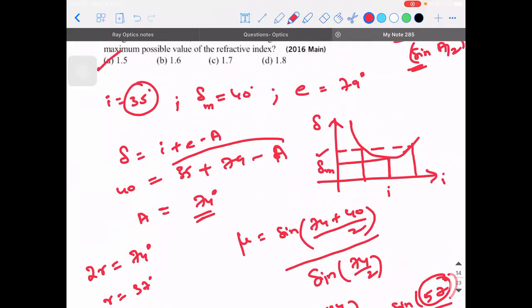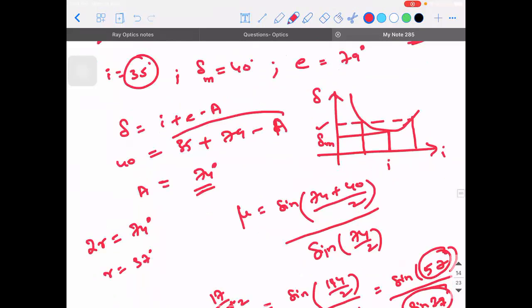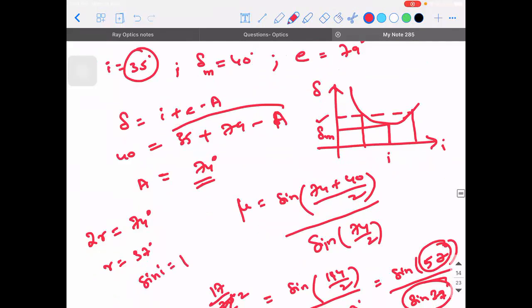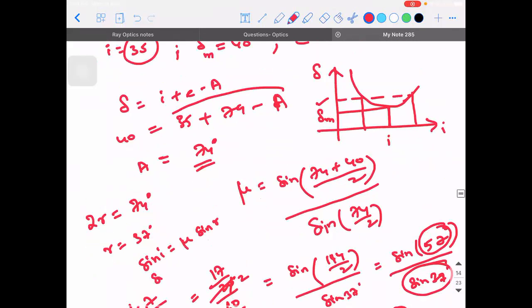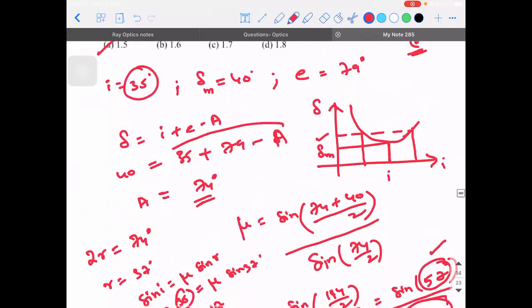Same issue again. Because when you apply Snell's law, sin I is equal to mu times sin R, correct? So sin 35 degrees is equal to mu times, but the equation comes differently here. Here 57, here how am I getting 35? That's not possible.